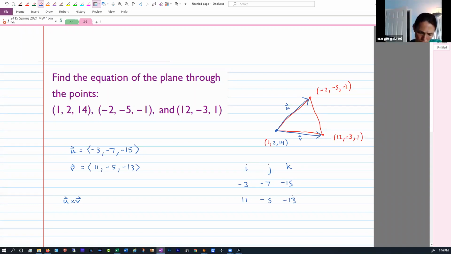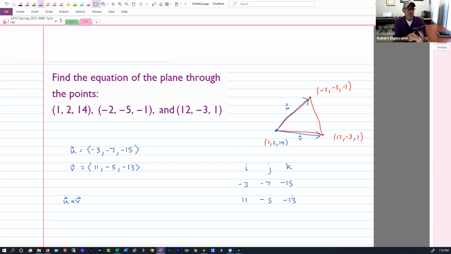Now look, just so you all know, most of your graphing calculators can do cross products. I'm not going to go through during class and show you how to do it, but if you come to my office hours, or if you've heard of YouTube or Google, you can probably figure it out.